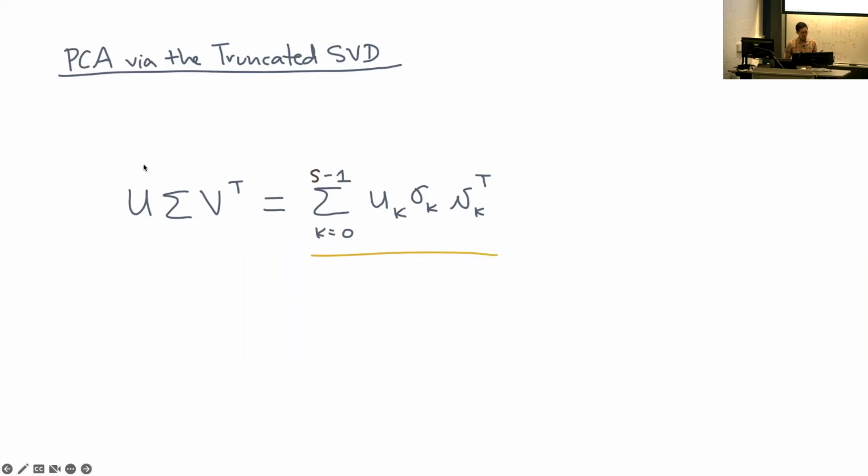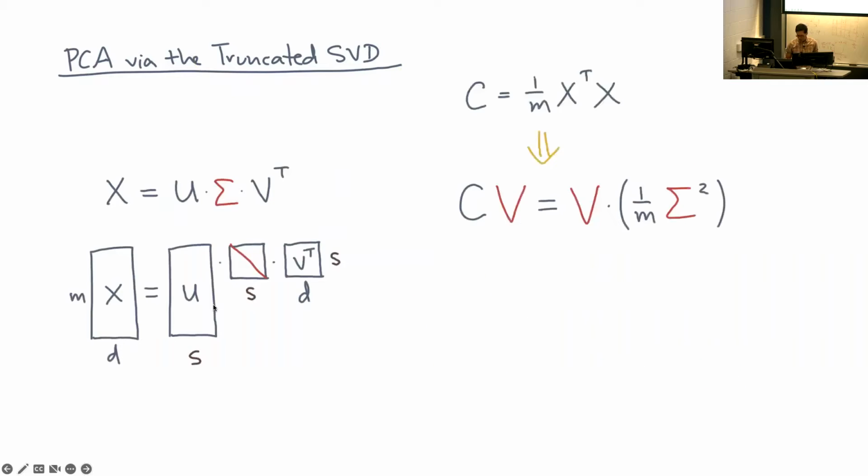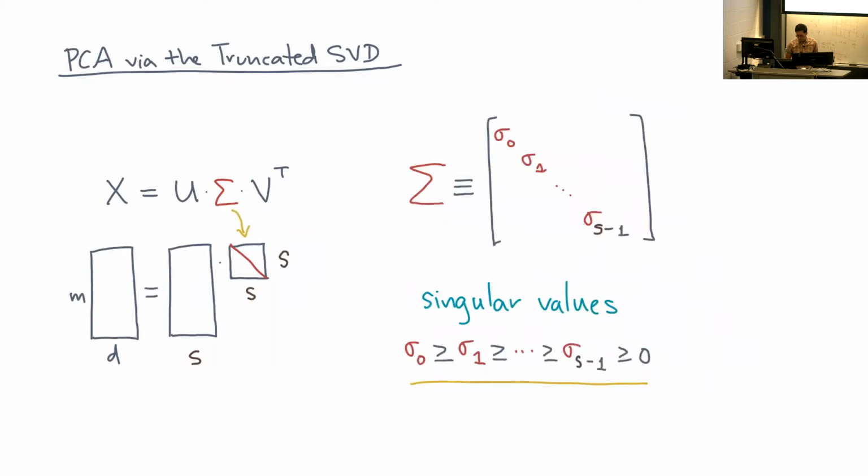In fact, if you compute the SVD in this way and retain only the positive singular values, and I think in our definition this is a typo, this should be greater than 0.